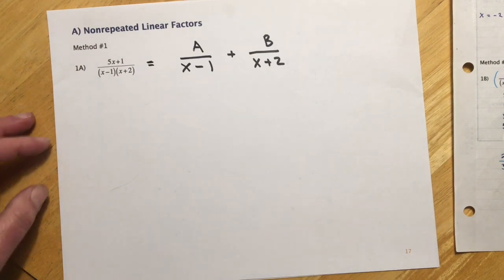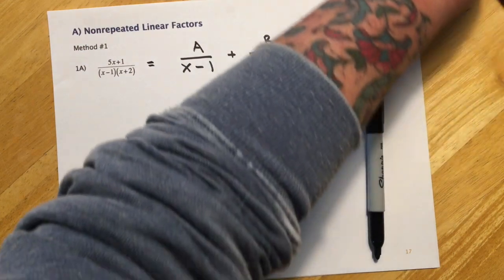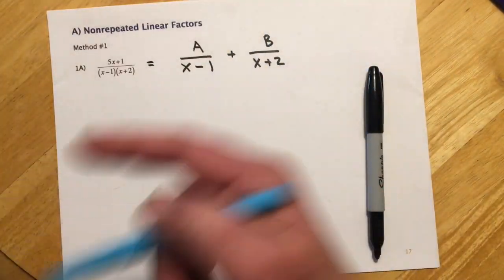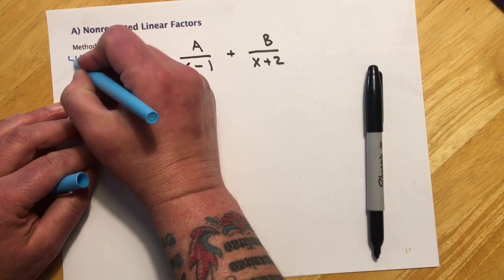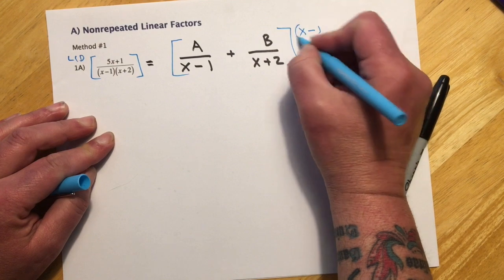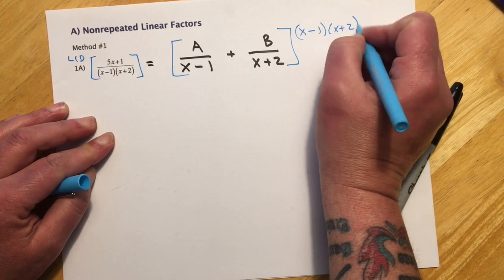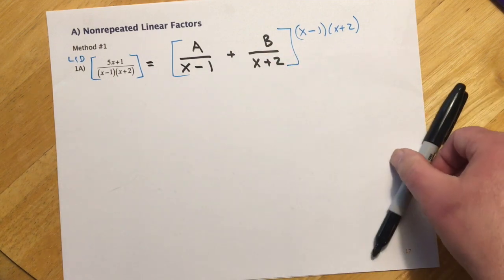Okay, so once we do that, we're going to multiply both sides by the LCD. Over here I'm just going to write LCD for the sake of space, and over on this side, it's going to be x minus 1, x plus 2. This is our first method, but this step is the same for either method.